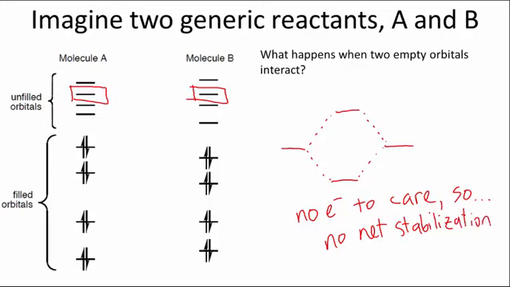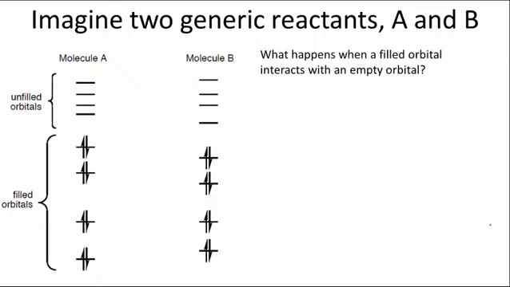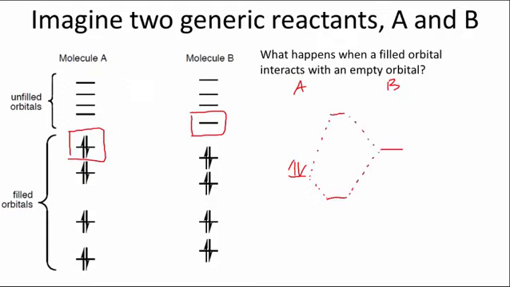So then what if we consider an interaction between an empty orbital on one molecule and a filled orbital on the other? So let's say I take this orbital and they interact. So this is molecule A, this is molecule B. I make a lower energy orbital, I make a higher energy orbital.